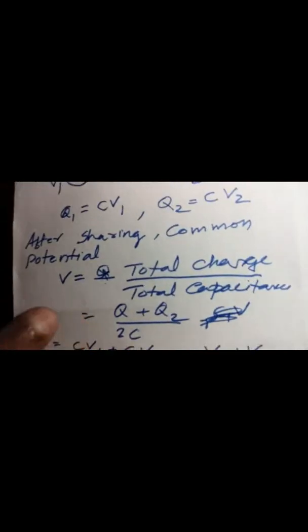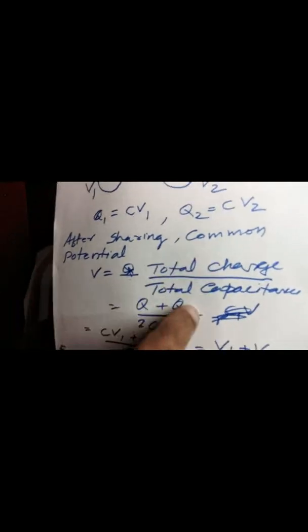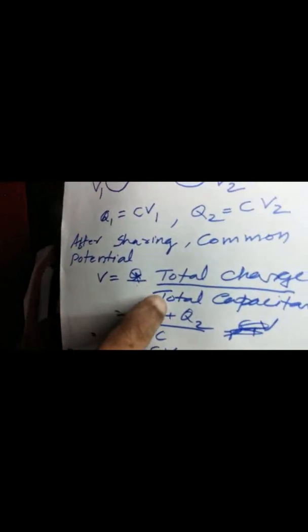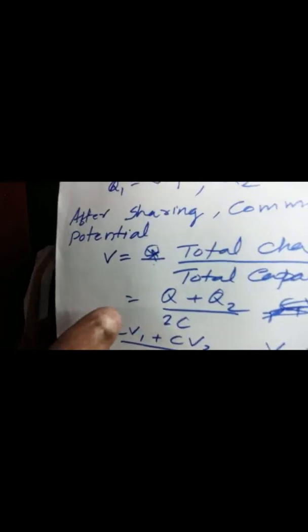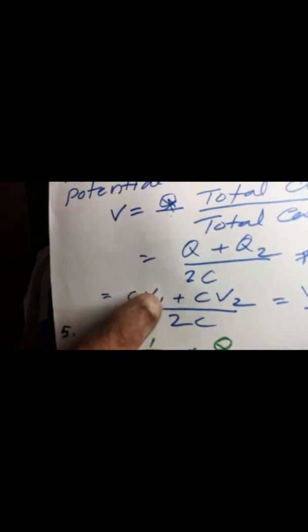So common potential after sharing, V equals Q by C, total charge by total capacitance. That is (Q1 plus Q2) by 2C, which is (CV1 plus CV2) by 2C. C would cancel. Final answer is (V1 plus V2) by 2.